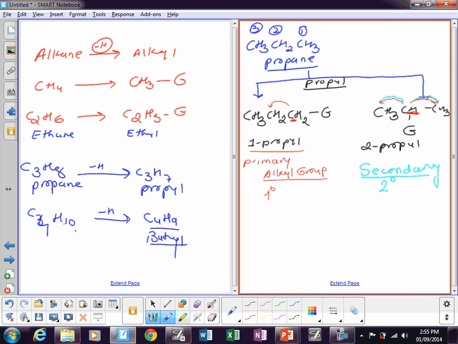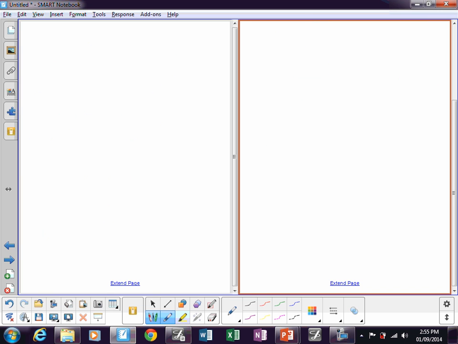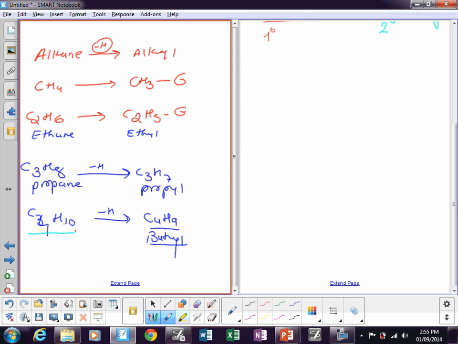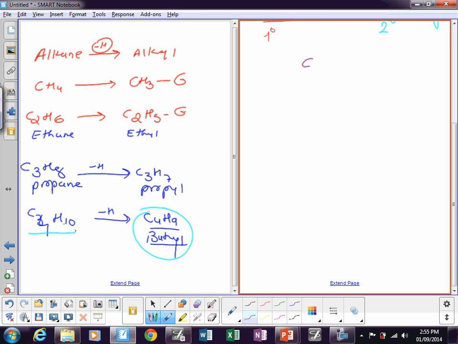Similarly, if I have butane, we know this butane and we get the butyl group. For butyl, let me draw certain structures which are possible. These are the possible structures. This is C4H10 butane, and I am having 2 different structures for butane.